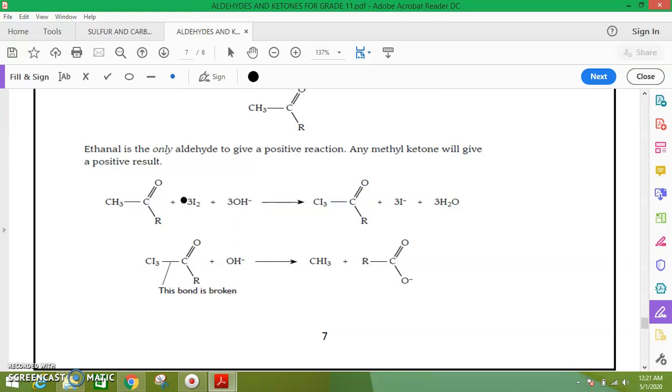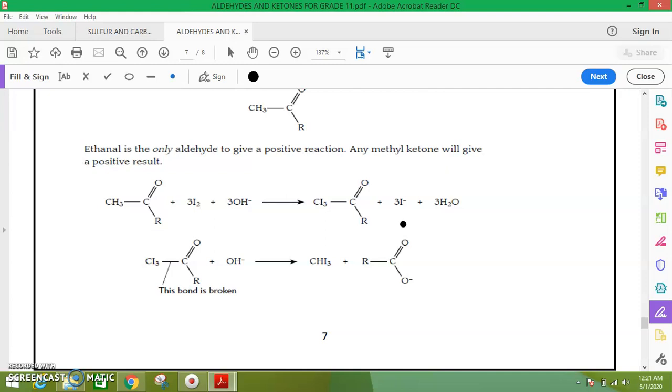Collectively we call it iodoform. In the first reaction, there is the breaking of the C-H bond. You can call this step halogenation also, because we are adding halogen, iodine, by a replacement reaction, replacement of hydrogen with iodine, plus 3 iodine, because in total we have 3 times 2, 6 here.